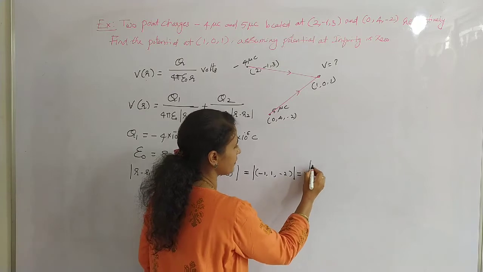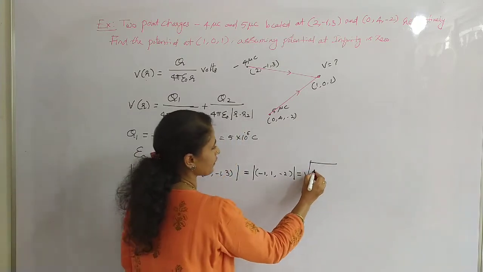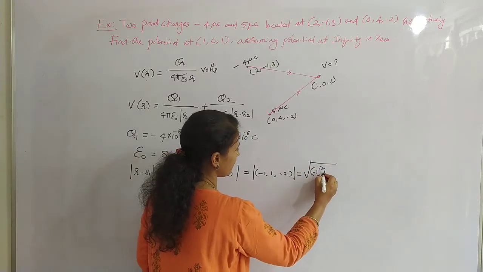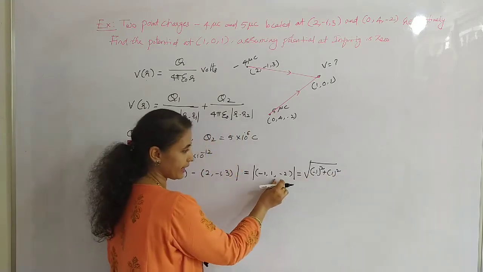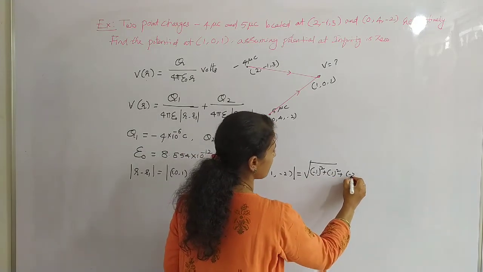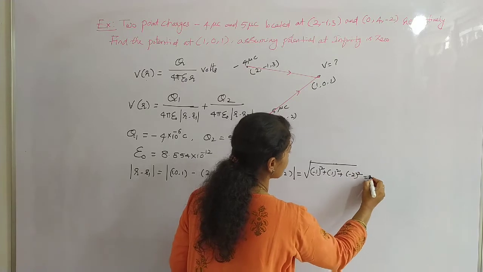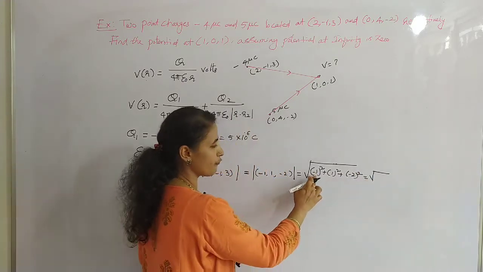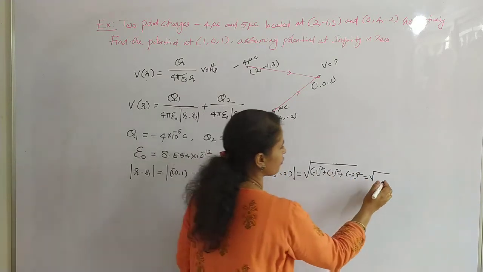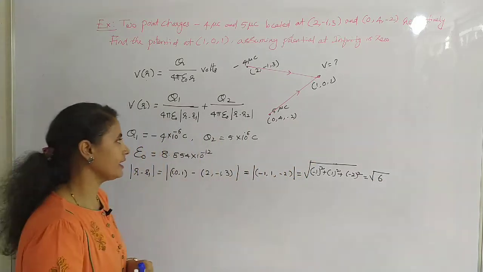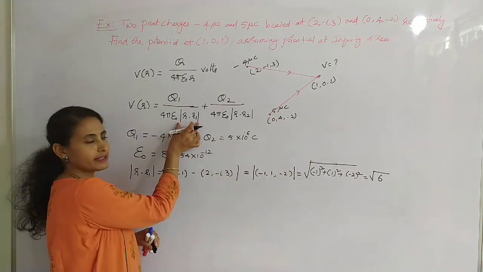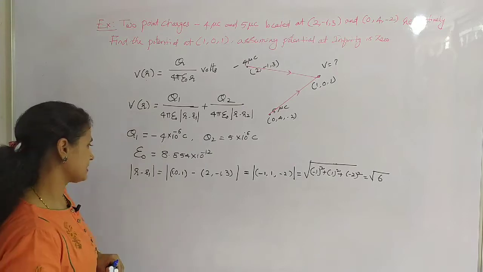The magnitude is the square root of (-1) squared plus 1 squared plus (-2) squared, which is the square root of 1 plus 1 plus 4, that is, root 6. This is the magnitude of the difference of distances.